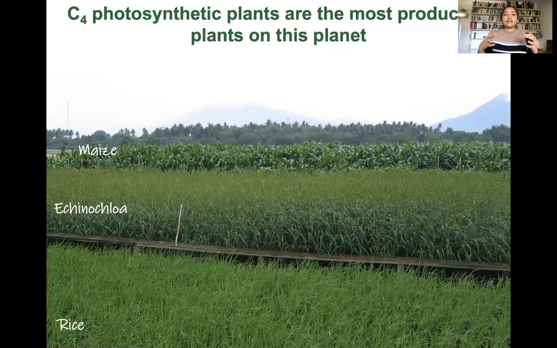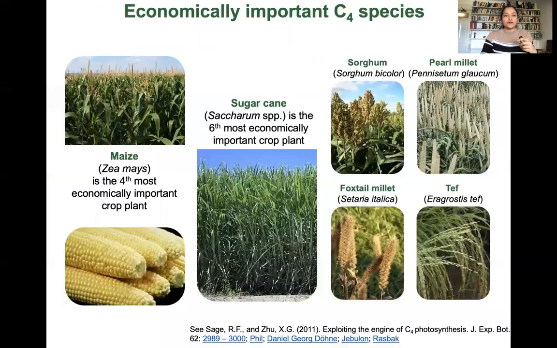So now if we look at the list of some of the economically important plants that perform C4 photosynthesis, we'll be able to appreciate the importance of C4 photosynthesis. So maize, sugarcane, some of the millets, and sorghum perform C4 photosynthesis, and they are very productive plants.